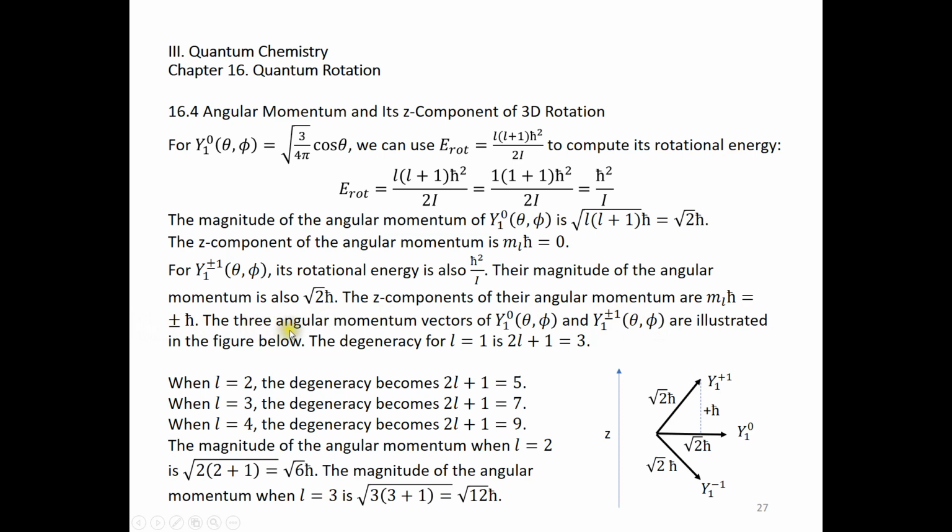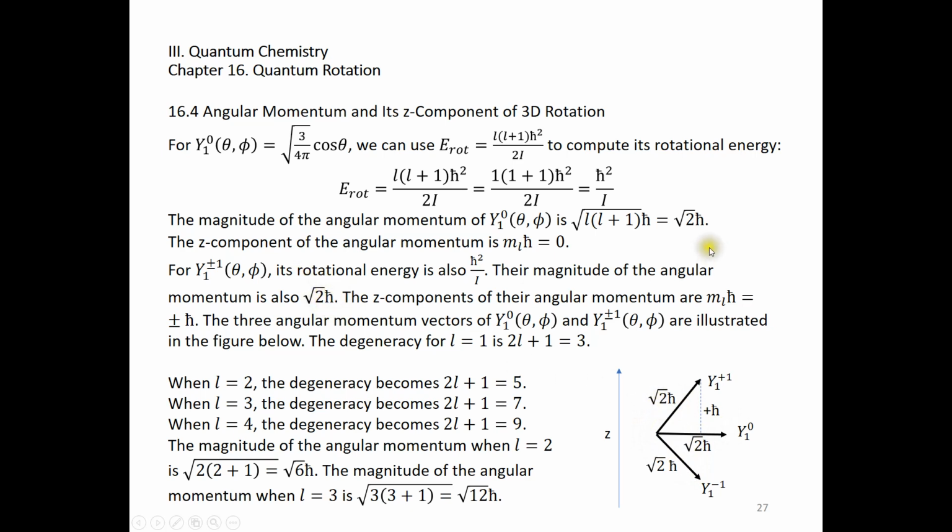So now we have examined three different solutions. When L is 1, m sub L can be 0 or plus minus 1. We're going to look at this graph that shows us the angular momentum vectors, and they all have the same length, square root of 2 times h bar.